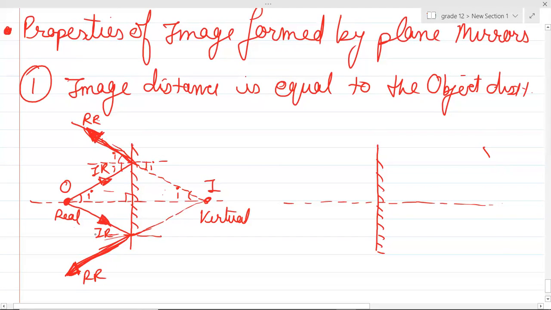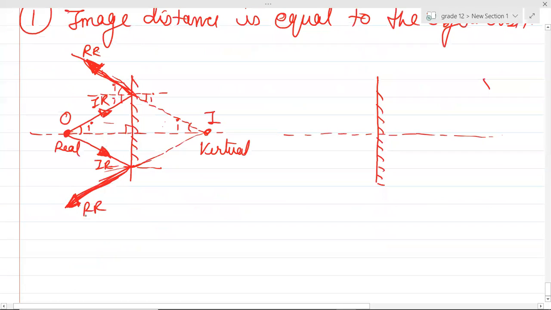Whatever. So always remember, in this case, can you see this was basically the object distance, which is denoted by u.